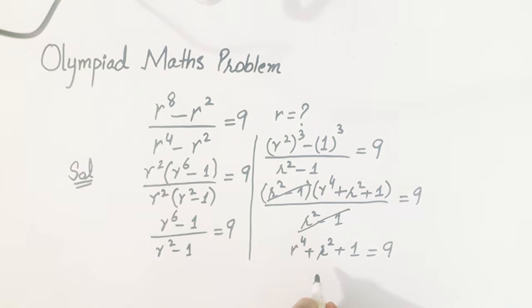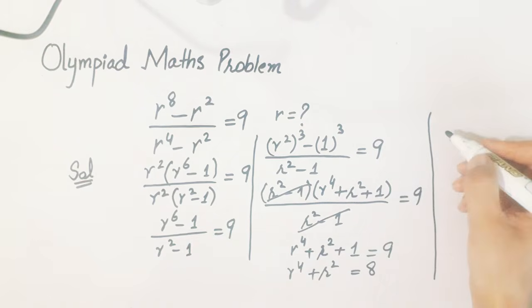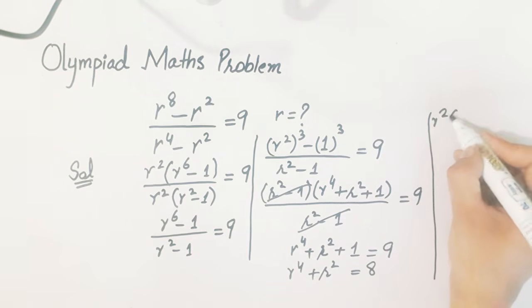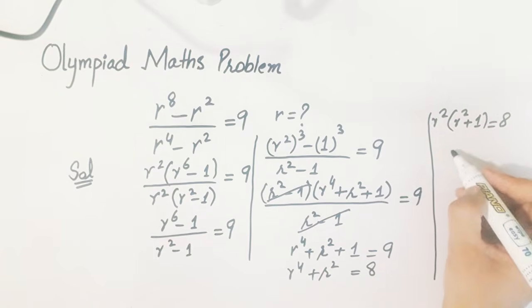Now you have to find the value of r. For this purpose, first of all, rearrange this equation. You get r power 4 plus r square equals 9 minus 1, that is 8. Now we will solve this further. Here we take r square as common, so the remaining is r square plus 1, that equals 8.